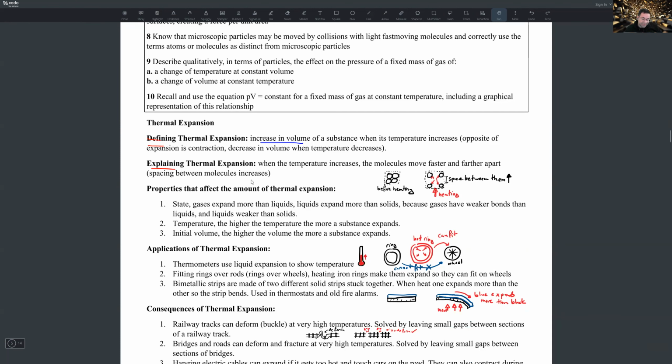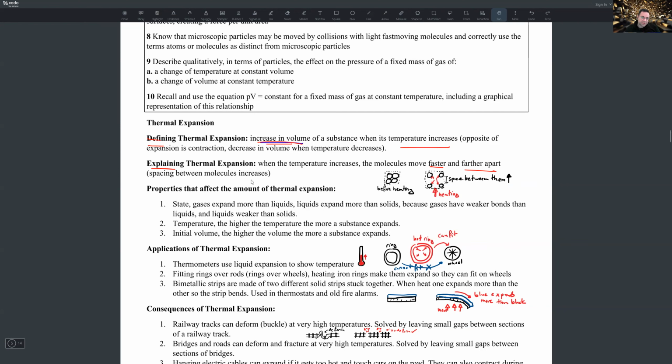To explain is to say because the molecules move faster and farther apart. But what is expansion? It's the increase in volume when the temperature increases. Keep that in mind. This unit has a lot of descriptions and explanations, to describe and explain a lot. So please pay attention.